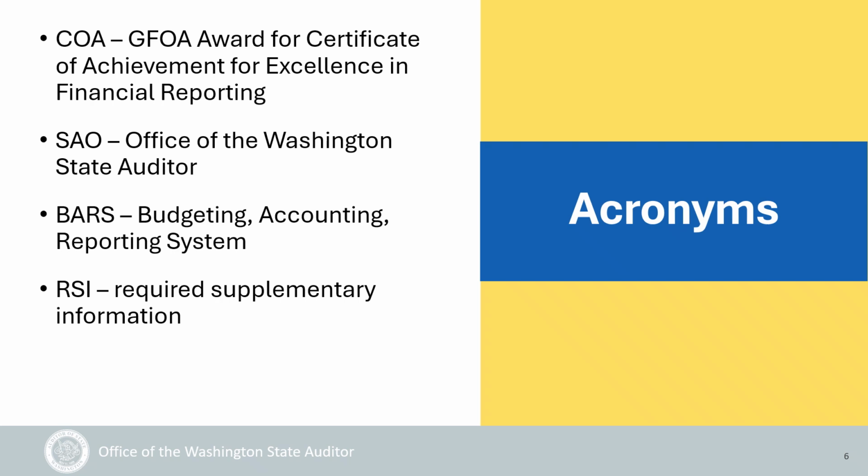RSI, Required Supplementary Information, part of the GAAP financial statements, which we will discuss in a moment. And OPEB, Other Post-Employment Benefits, which is the accounting and reporting topics related to post-employment benefits offered to employees, such as health care.